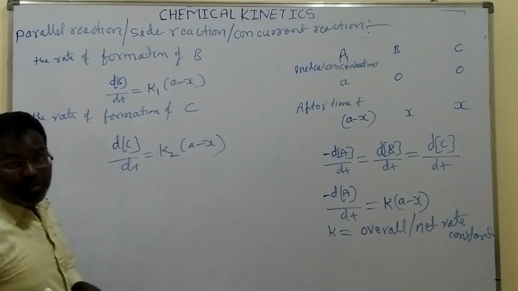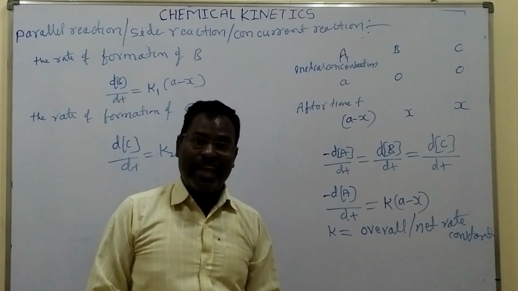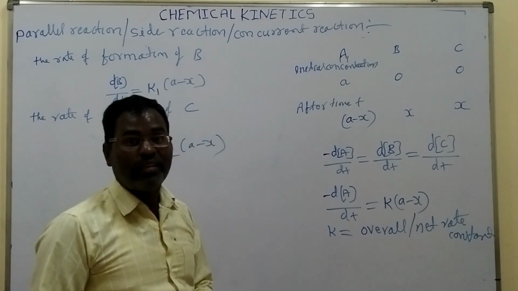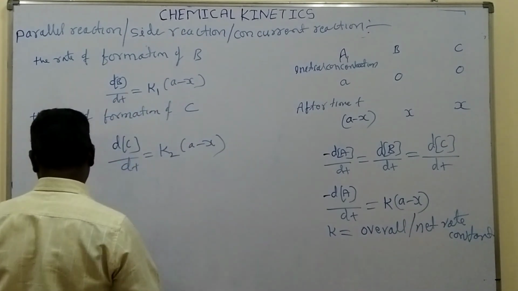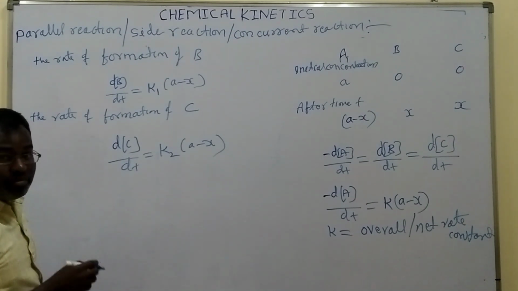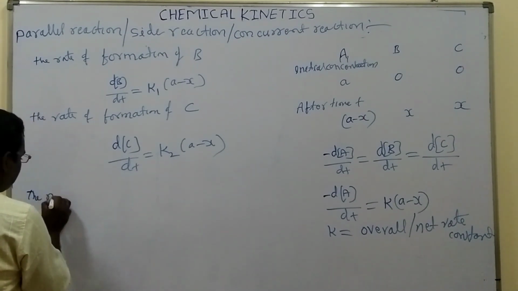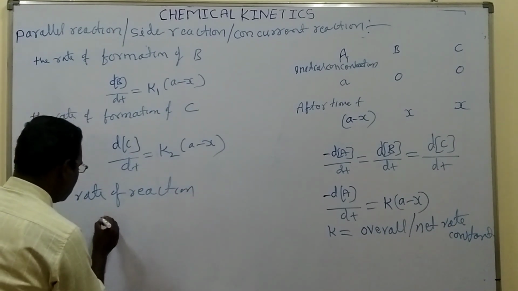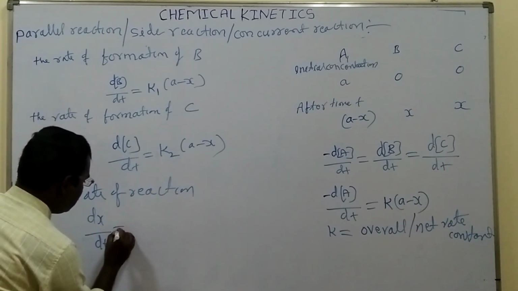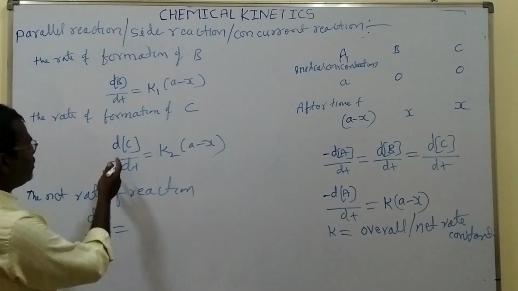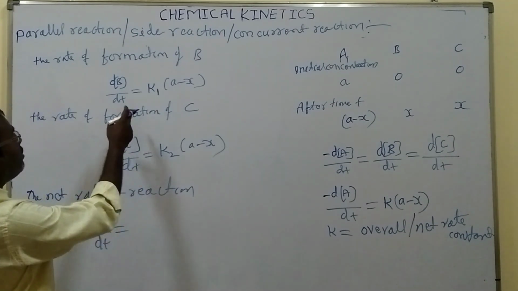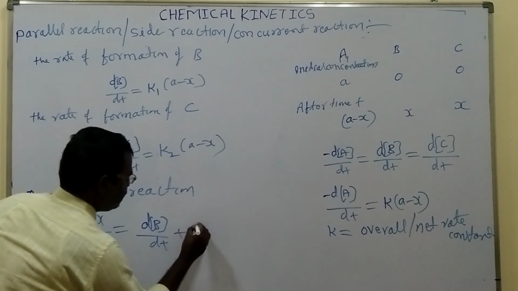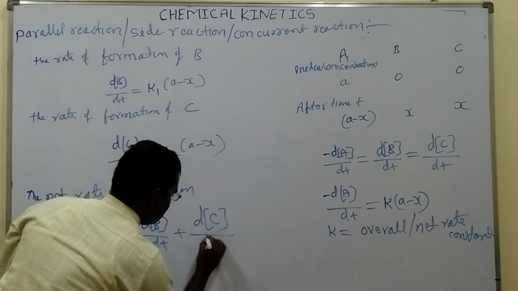Later, if you want to calculate the net rate of the reaction, we need to add both: the rate of formation of B as well as the rate of formation of C. If we add them up, the net rate of reaction dx by dt is equal to dB by dt plus dC by dt.